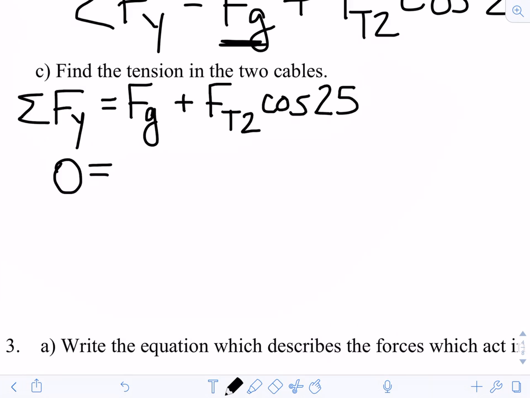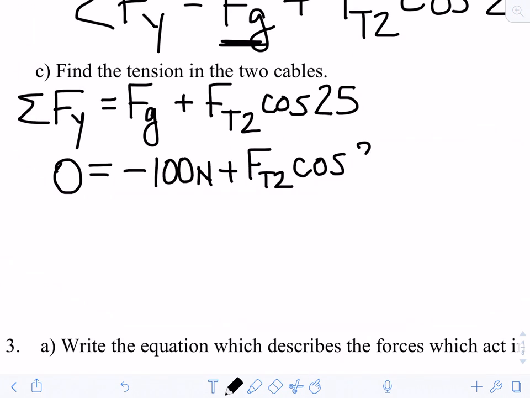The force of gravity is 100 newtons, and that's pointed down, so I'm going to call that a negative 100 newtons. And then FT2 is an unknown to us. We've got that cosine of 25. So when we look at this, the only thing we do not know is this FT2. And we can solve for that algebraically.